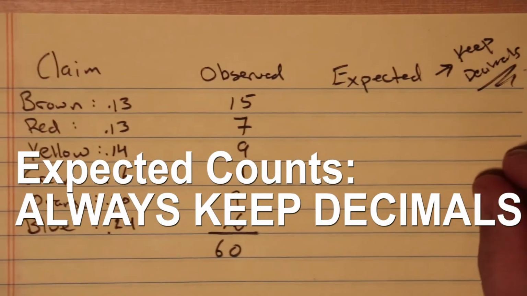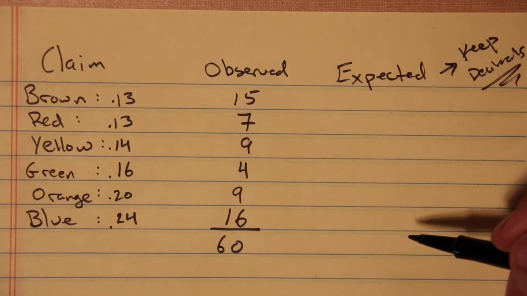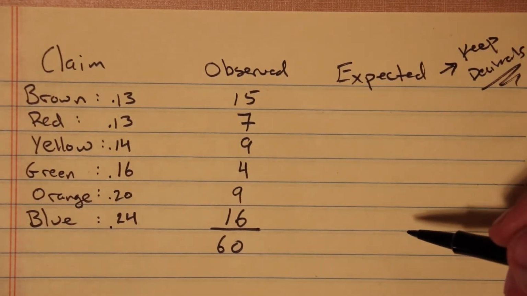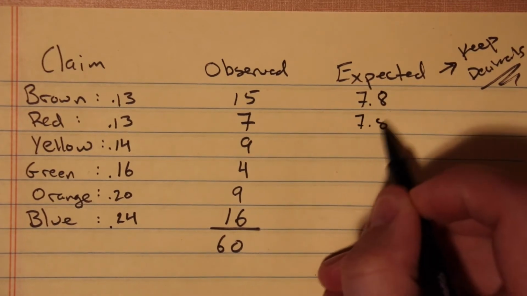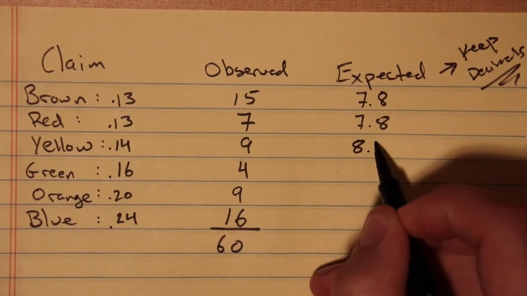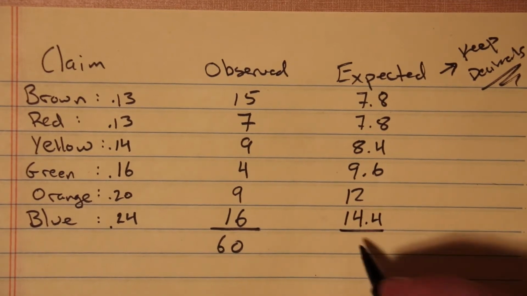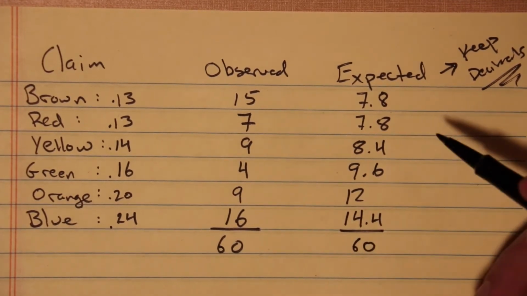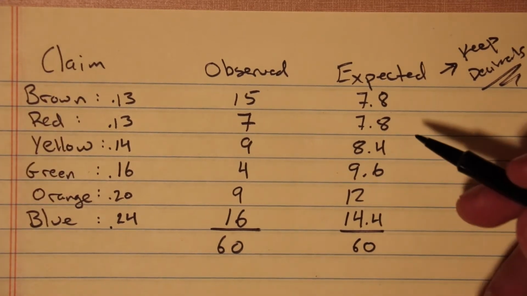I know it sounds counterintuitive, but keep the decimals on your expected counts always, because these expected counts are what should happen on average, and averages can certainly be decimals. So our expected counts are 7.8, 7.8, 8.4, 9.6, 12, 14.4, and if you add these up, you still get 60. I'm getting these numbers from using the proportion of what they claimed. So that's how you calculate the expected counts.